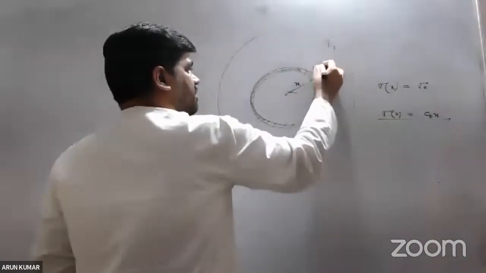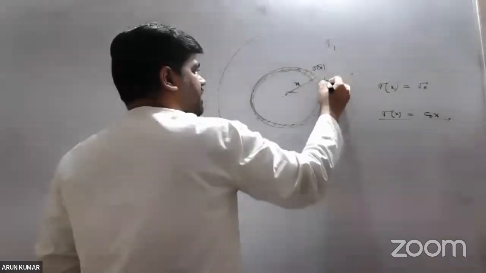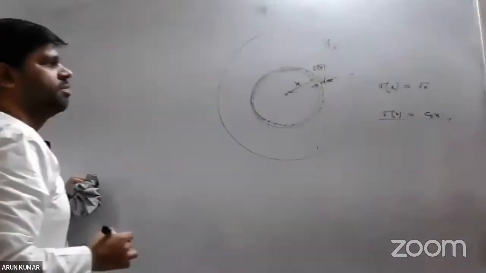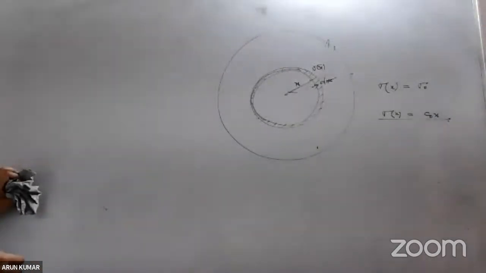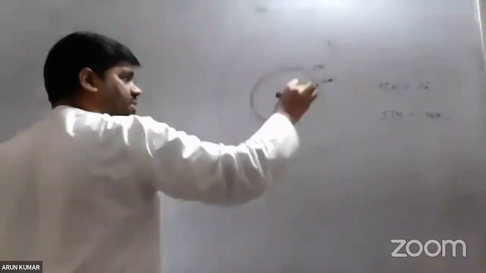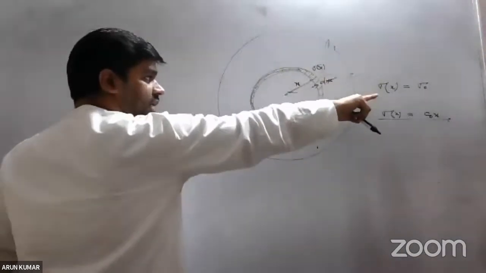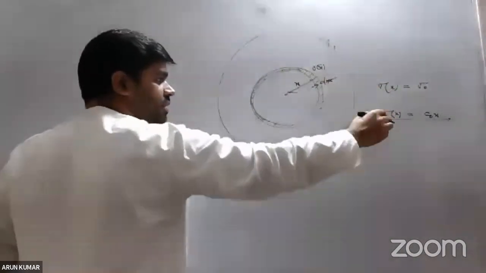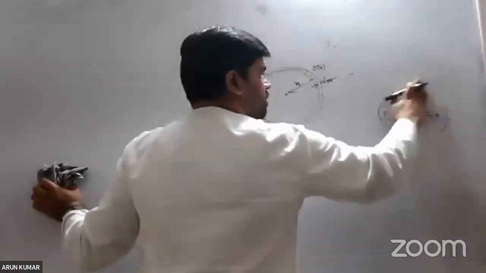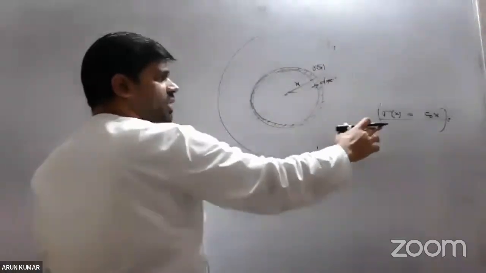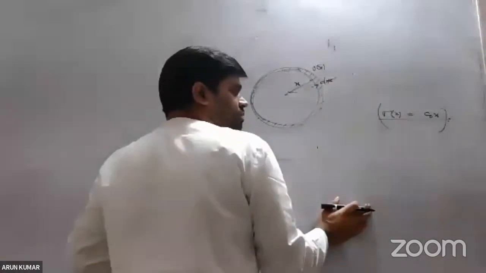Radius is x, sigma of x, width is dx. Now density on this is constant, right? Because at a distance x, it is varying with radius. If x varies, sigma varies. We will do sigma naught later.